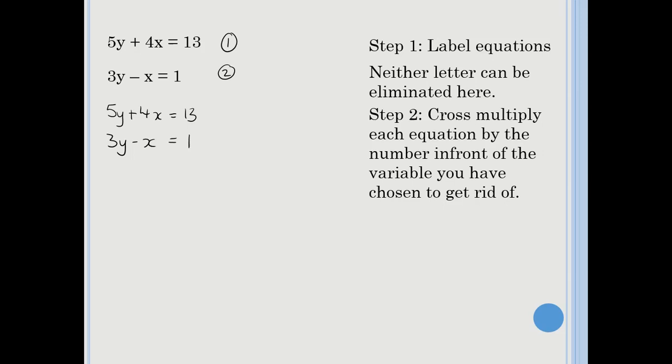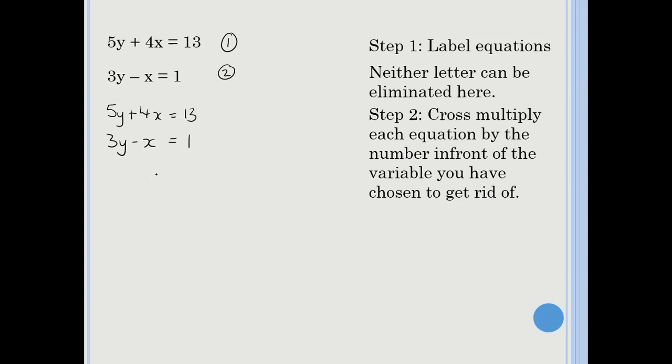First thing we have to do is decide what variable we want to eliminate. Do we want to get rid of the y or the x? It doesn't really matter. It tends to be personal preference. I'm going to choose to get rid of the x, because they're smaller numbers.